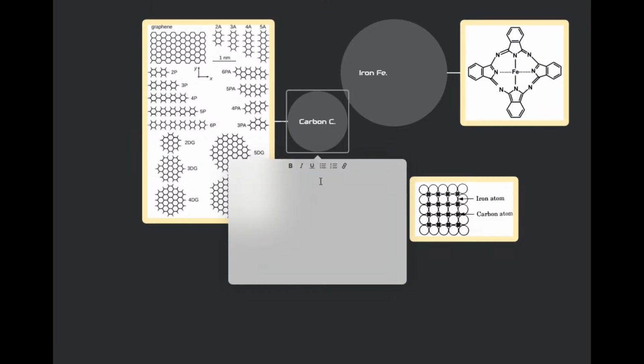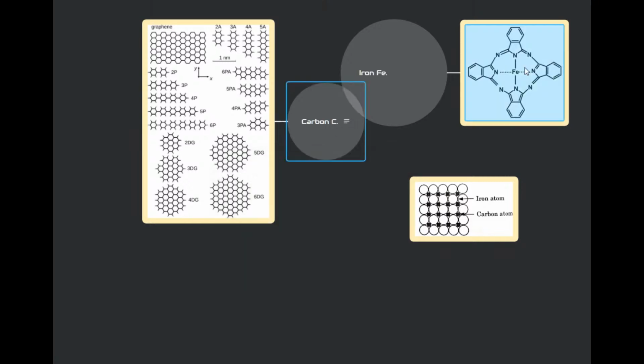So if we put this inside this, then we get this. But these are quite big, and these are quite small. So maybe it's the distance between the carbon atoms. Okay.